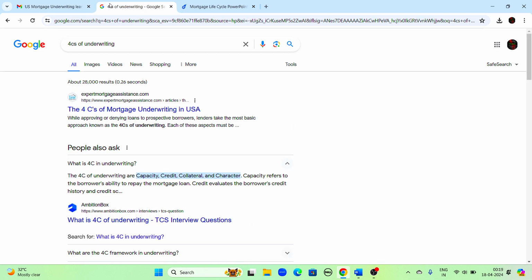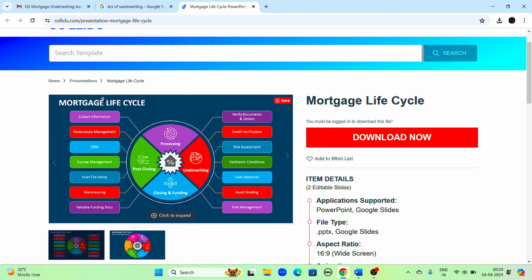And this is all about the mortgage life cycle. We collect the information, and then foreclosure management occurs, then escrow management, loan file setup, warehousing, and we also validate the funding documents.